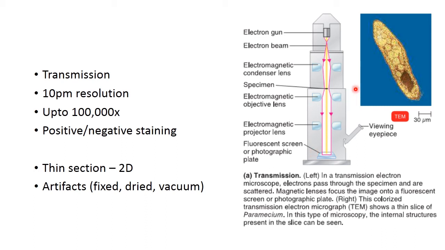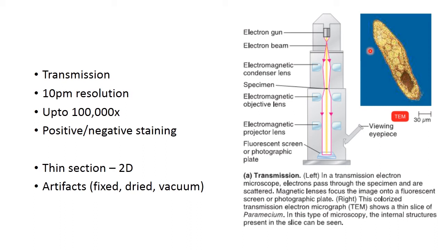Here you see an image of a cell which is obtained by using a transmission electron microscope. Since the beam of electrons is able to pass through the specimen, you can look at the inner details. Also, a very thin slice is needed for producing a transmission electron microscopic image.